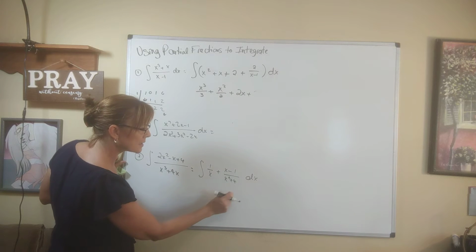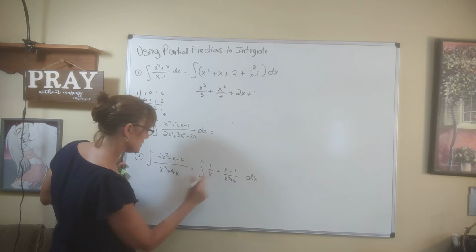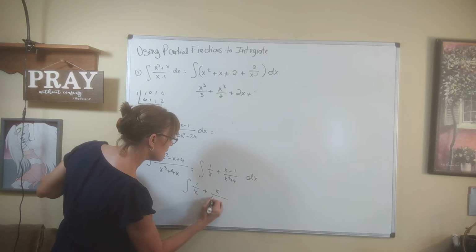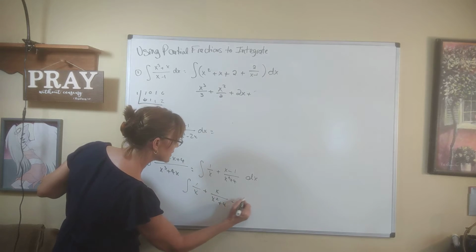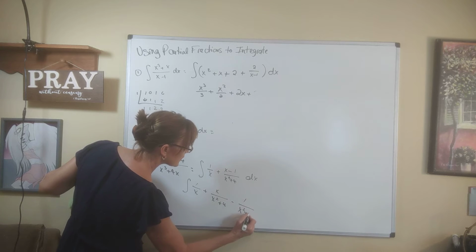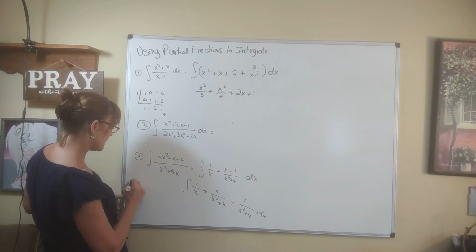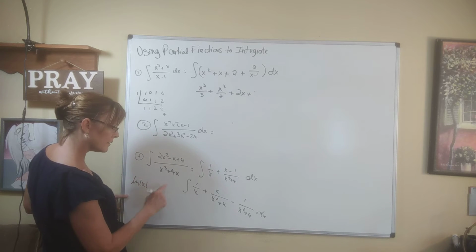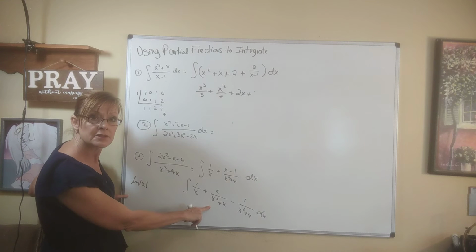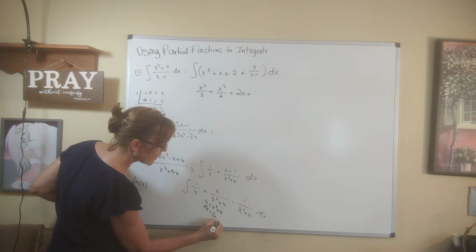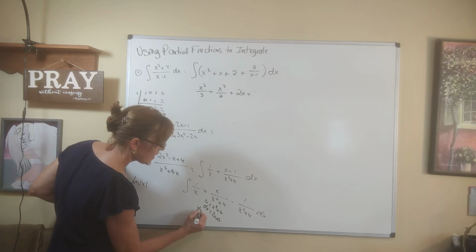What I'm going to do is split this into 2 fractions. So this becomes 1 over x plus x over (x squared plus 4) minus 1 over (x squared plus 4) dx. And when we integrate 1 over x, we get the natural log of x. Okay. This is a u substitution. So I can let u equal x squared plus 4. du is 2x dx. 1/2 du is x dx.